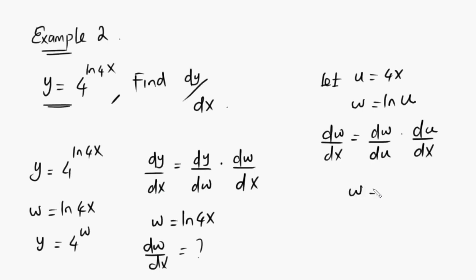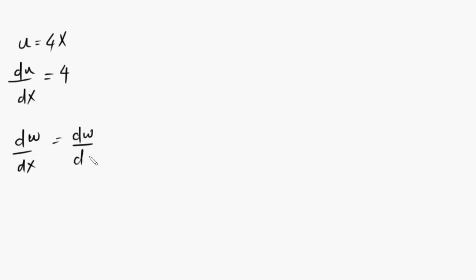So from this one, w equals ln u, I can get my dw du, which is just going to be equal to 1 over u. And now from that one, u equals 4x, I'm going to get my du dx is going to be equal to what? To 4. So now nimesema dw dx is equal to dw du times du dx.